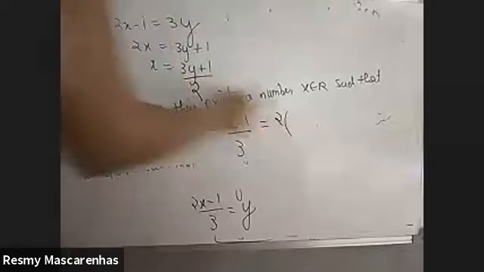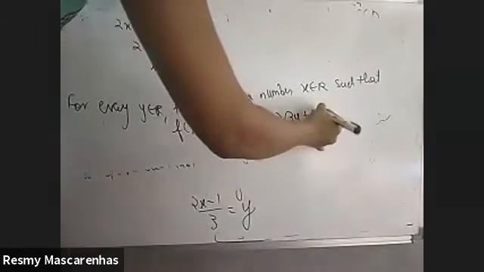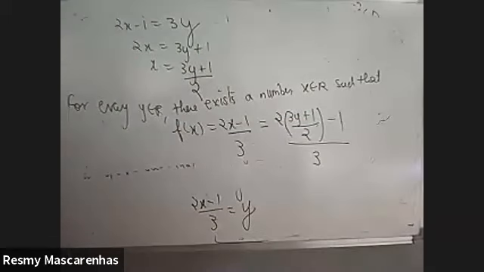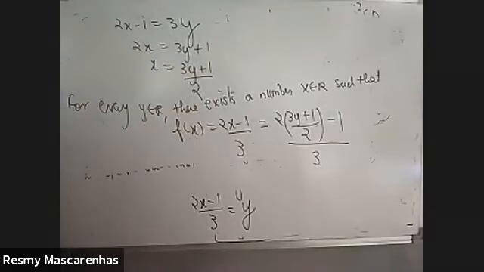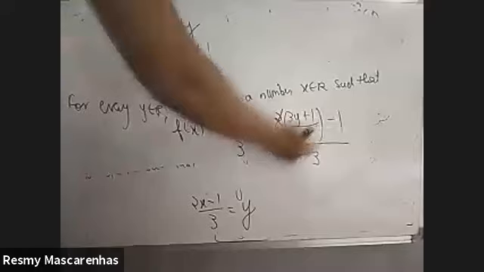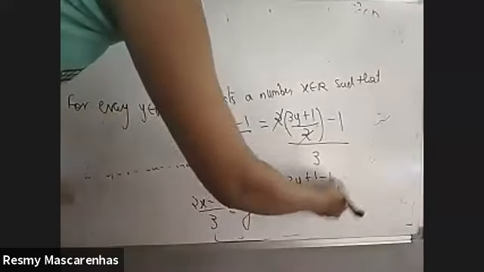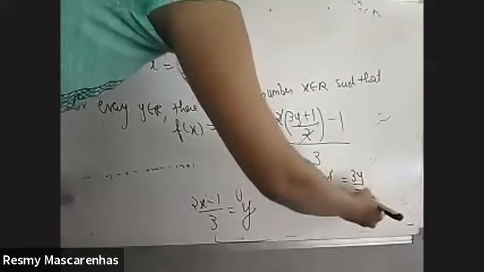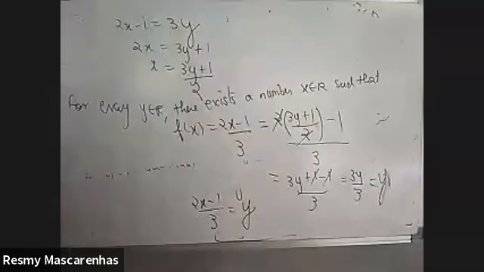So 2 times 3y plus 1 upon 2, minus 1, upon 3. So I've substituted the value of x. 2 and 2 will cancel. Then what you'll get is 3y plus 1 minus 1 upon 3. 1 and 1 will cancel. Then 3y upon 3, which will be equal to y. And therefore, onto.